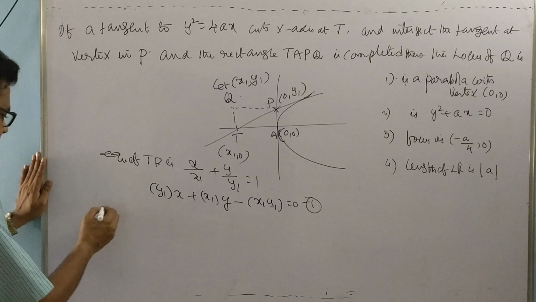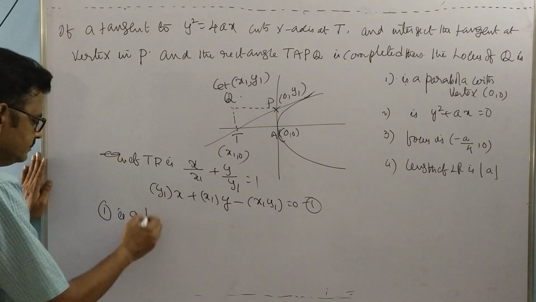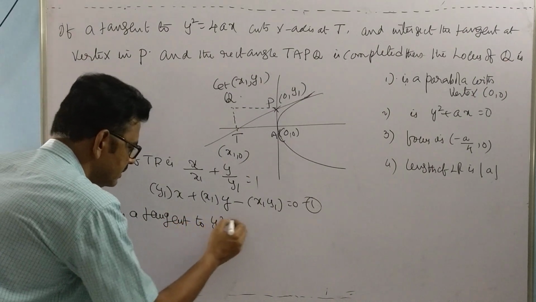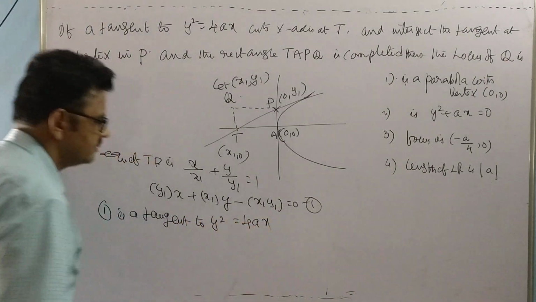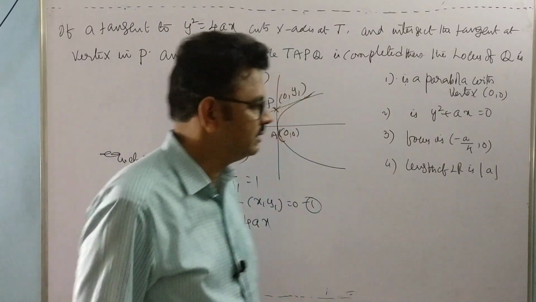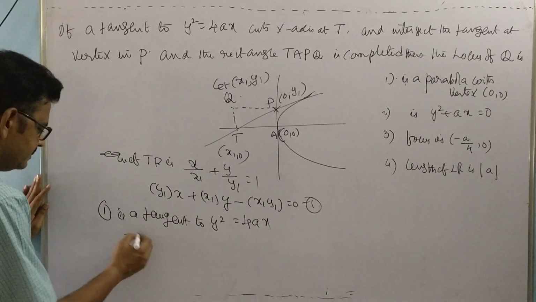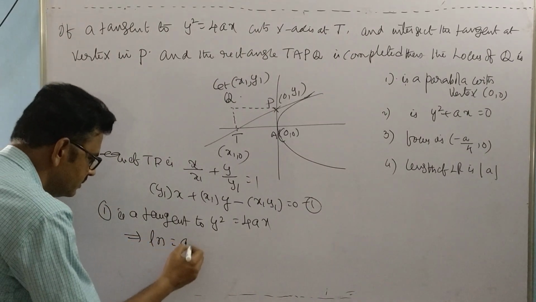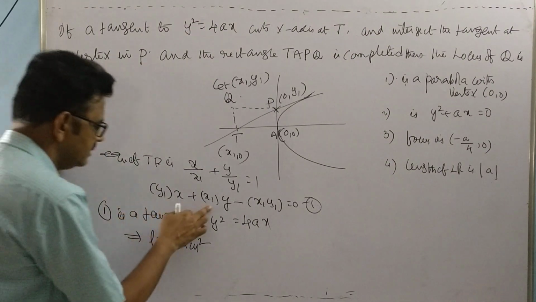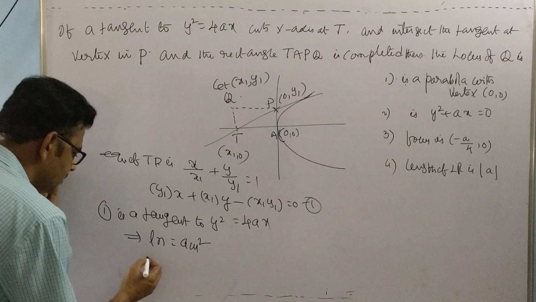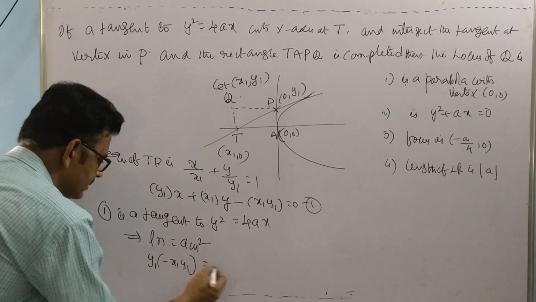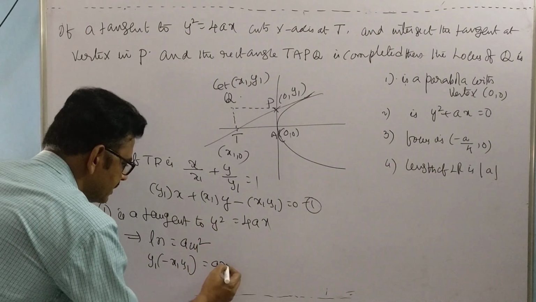Now this is a tangent to the parabola y square equal to 4ax. Now you know the condition. What is the condition? ln is equal to am square. This is the condition for tangent. So this is l, m, n. ln is y1 into minus x1 y1. m square is x1 square.